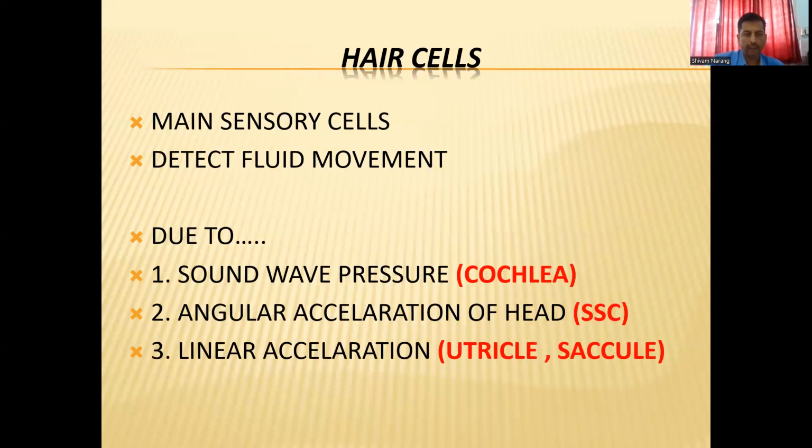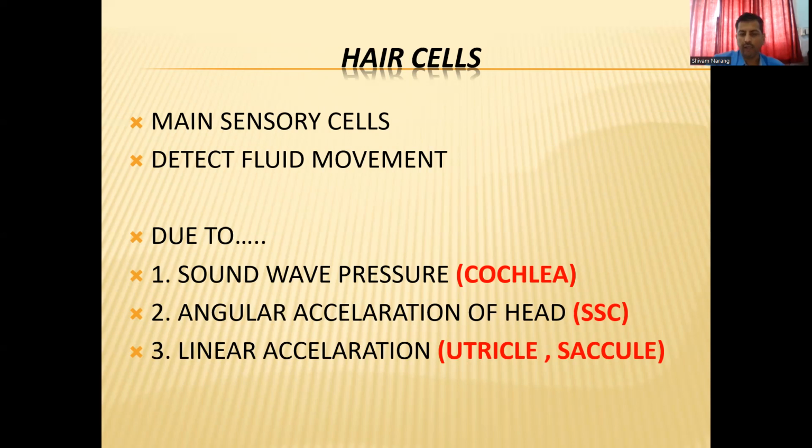Now we'll discuss the main sensory cells of the inner ear. These are the hair cells. These hair cells detect the movement of the fluid filled in the membranous and the bony labyrinth. This fluid movement might be because of different stimuli. The first stimulus is sound wave pressure.